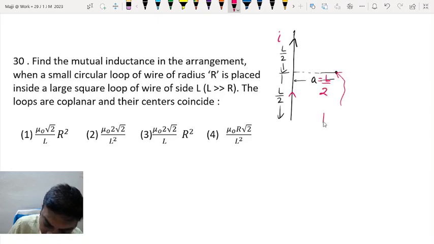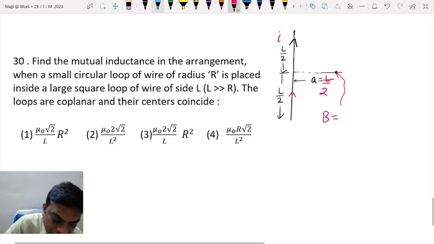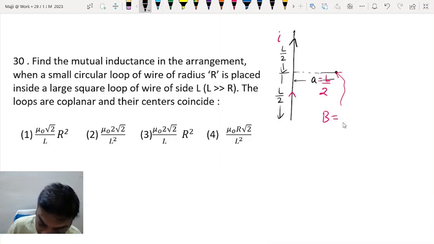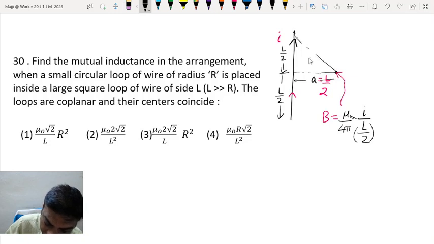So here, if you apply the formula which is derived from Biot-Savart's law, then we can write magnetic field here as mu 0 by 4 pi into I upon A. A is L by 2 into, join the end points here, and you have 45 degree each because this is an isosceles right angled triangle. So sine alpha plus sine beta.